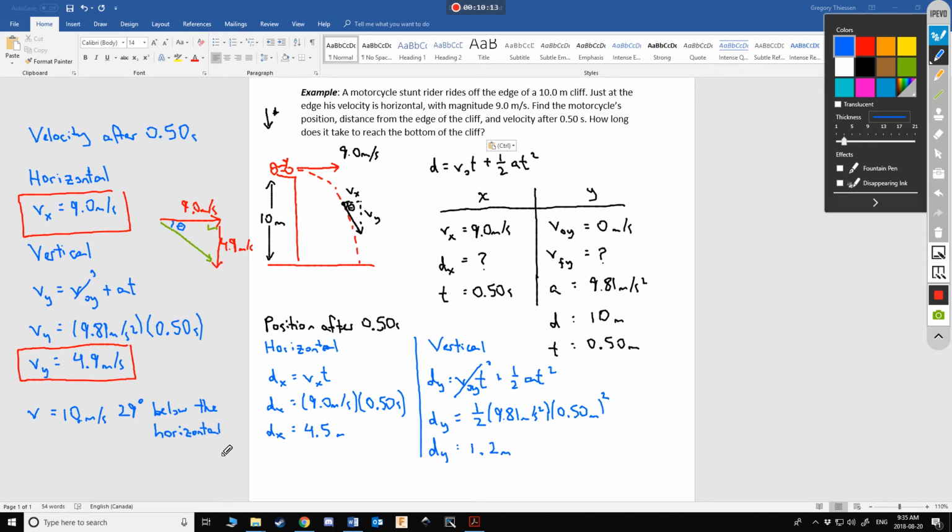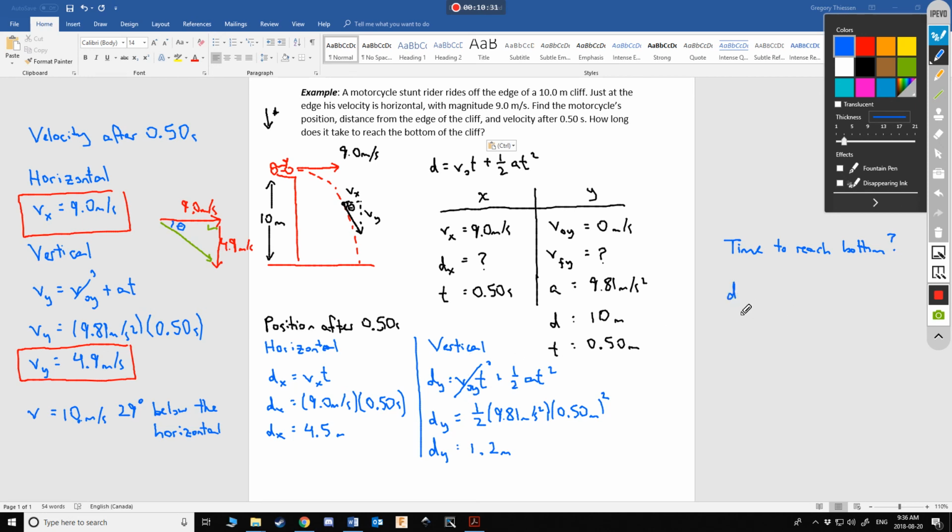And last part of this question, how long does it take to reach the bottom of the cliff? So time to reach bottom. So we can just use this equation.